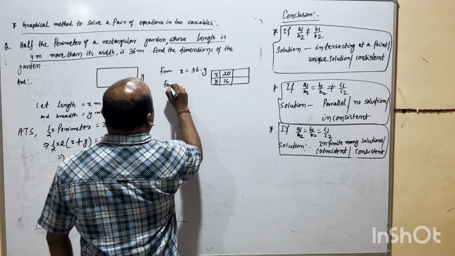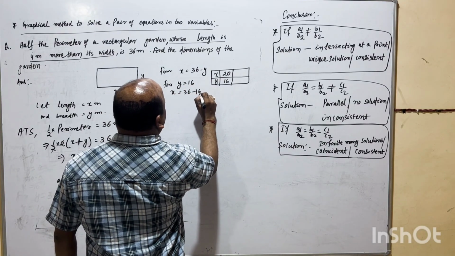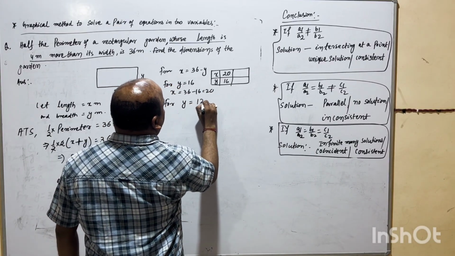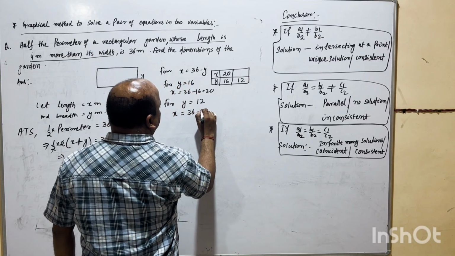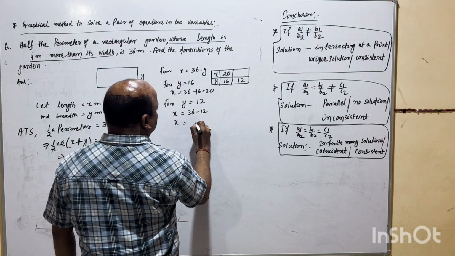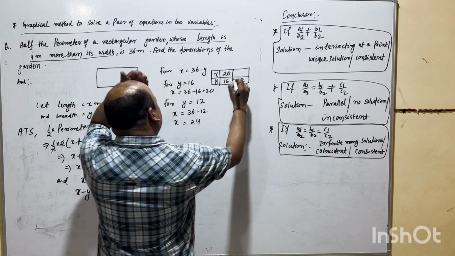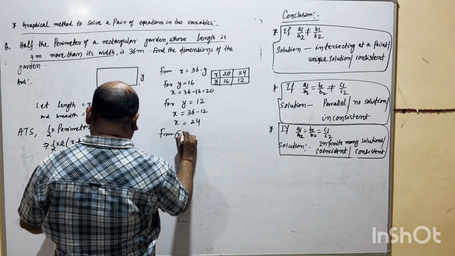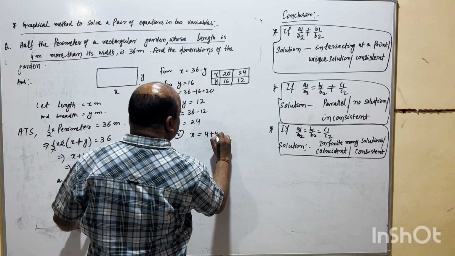For y equal to, suppose, 12, x is equal to 36 minus 12, which is 24.